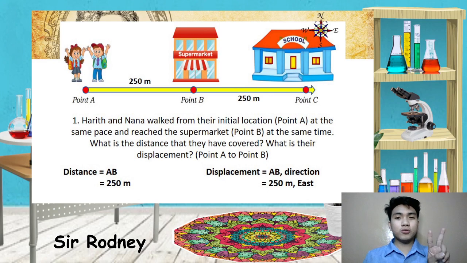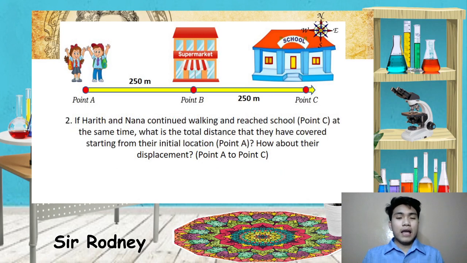Question number 2. If Harriet and Nana continued walking and reached school, point C, at the same time, what is the total distance that they have covered starting from their initial location, point A?